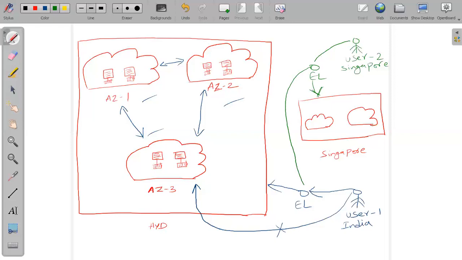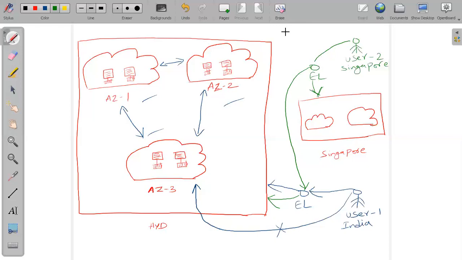India edge location, and again this India edge location will be connected to Singapore. Here the communication will happen between the two edge locations. This is the Singapore edge location, this is the India edge location. So if the user wants to access the server present in Hyderabad, the edge location of Singapore will contact the edge location of Hyderabad, and the edge location of Hyderabad will connect to the respective server in the respective availability zone.